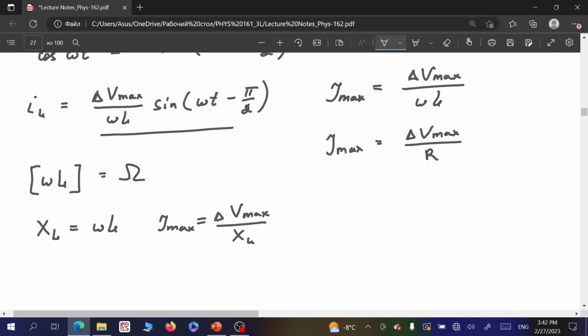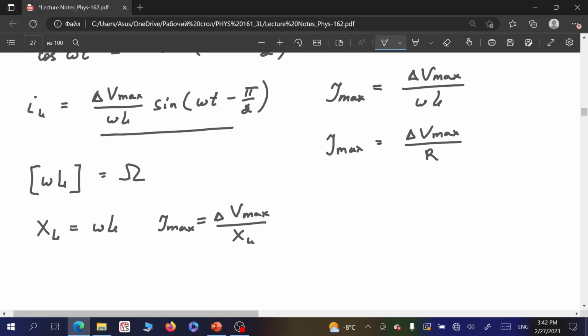We introduced another important parameter, which is IRMS, which is some equivalent DC current, which delivers the same amount of electric power to active resistor as the given AC current.